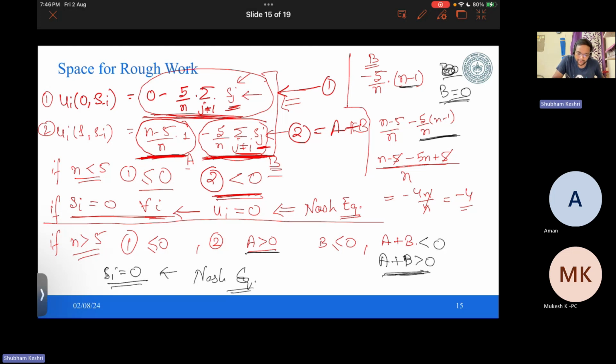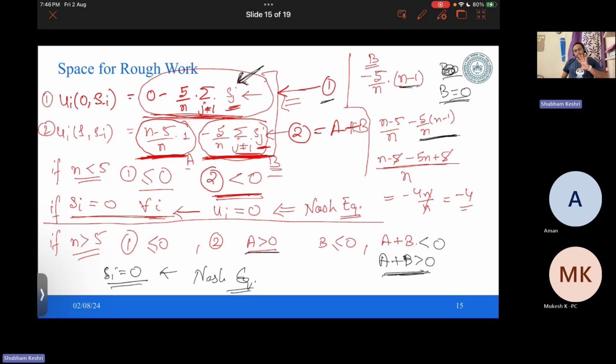We are not assuming. We are saying that you see in the first term, term 1 will always be 0 when S_i is 0. All the S_i's are 0. That discussion was clear. When S_j's are 0, then the utility of the first term will be 0.